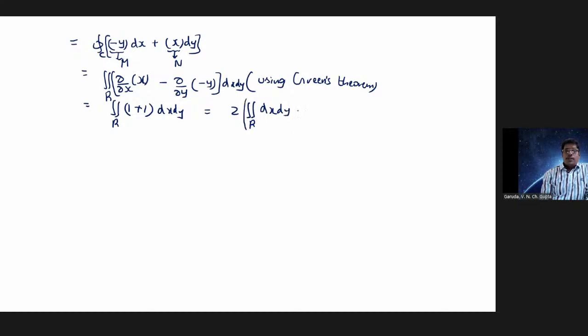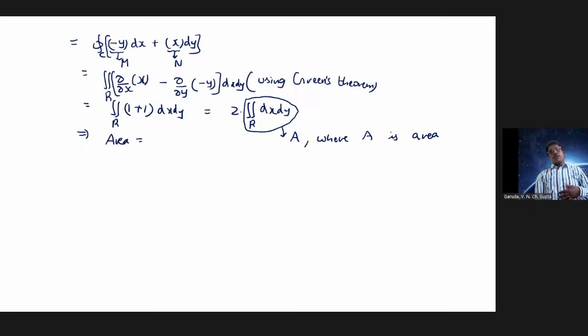So what is this double integral dx dy? Area A, where A is area. So from the right side, area is equal to, that multiplication by 2 will become on the left side 1 by 2. So half times integral over C of x dy minus y dx.